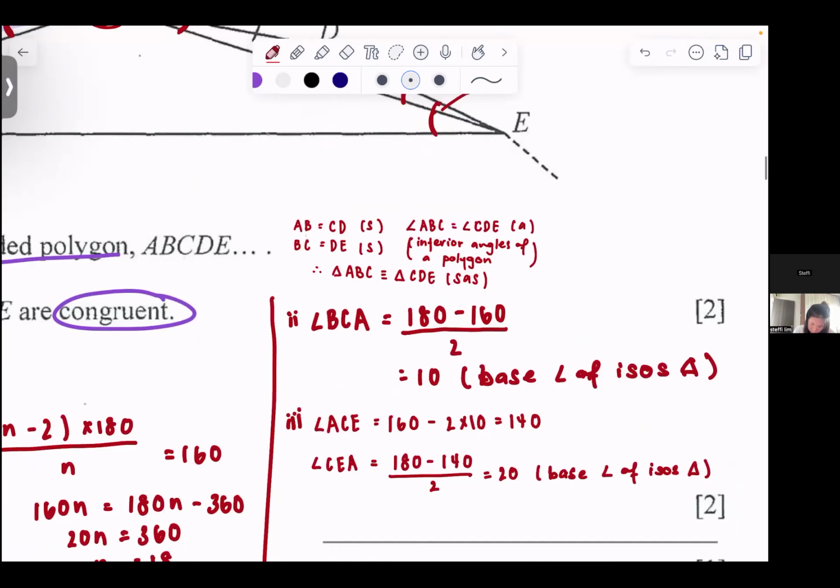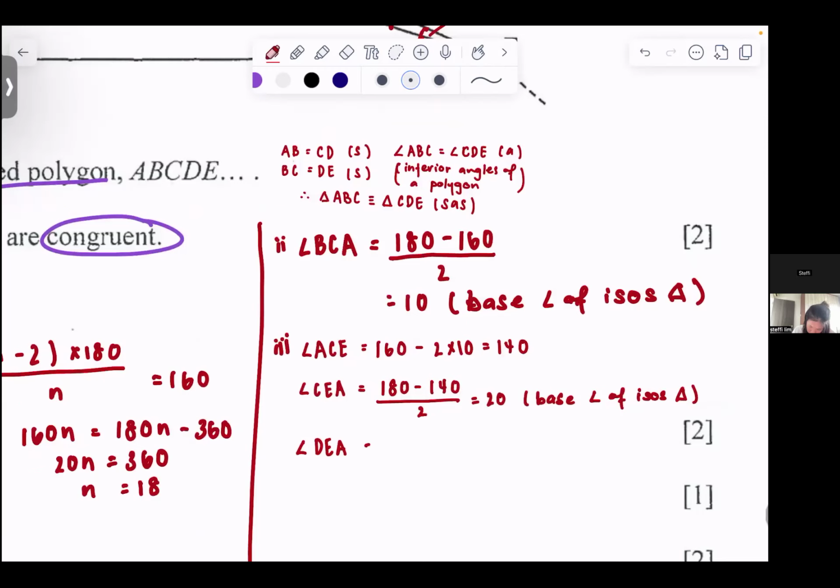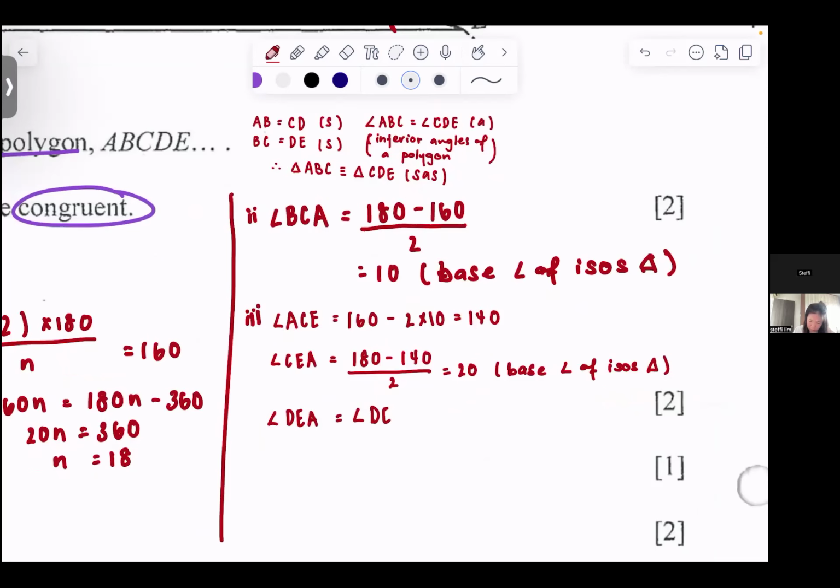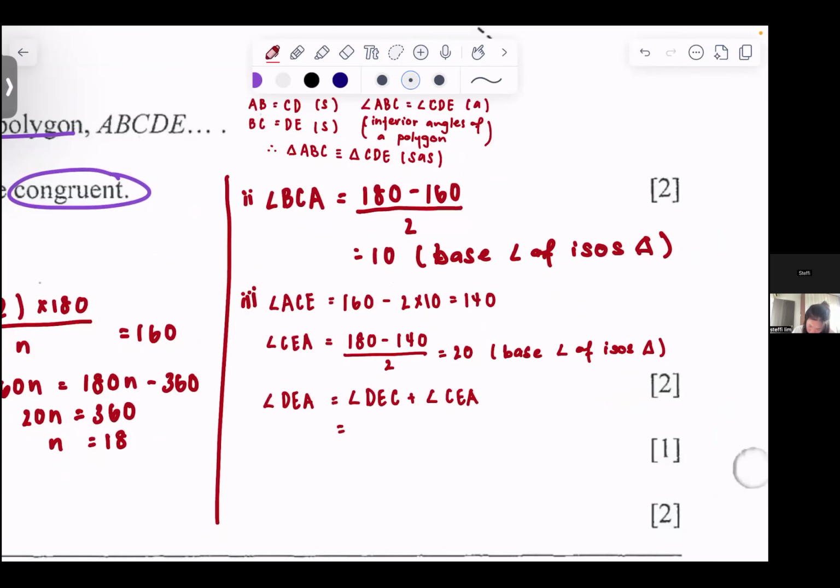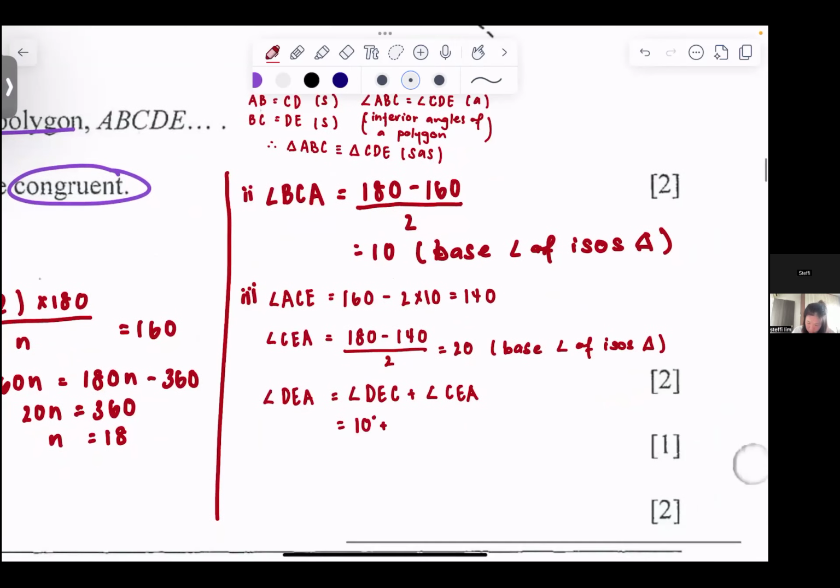DEA equals angle DEC plus angle CEA. We already know both answers: DEC is 10 plus CEA is 20, which equals 30.